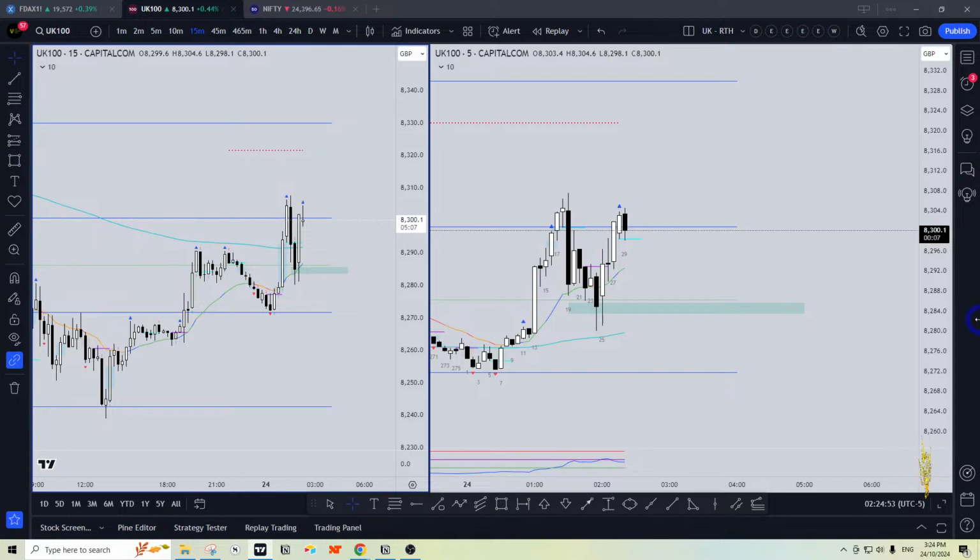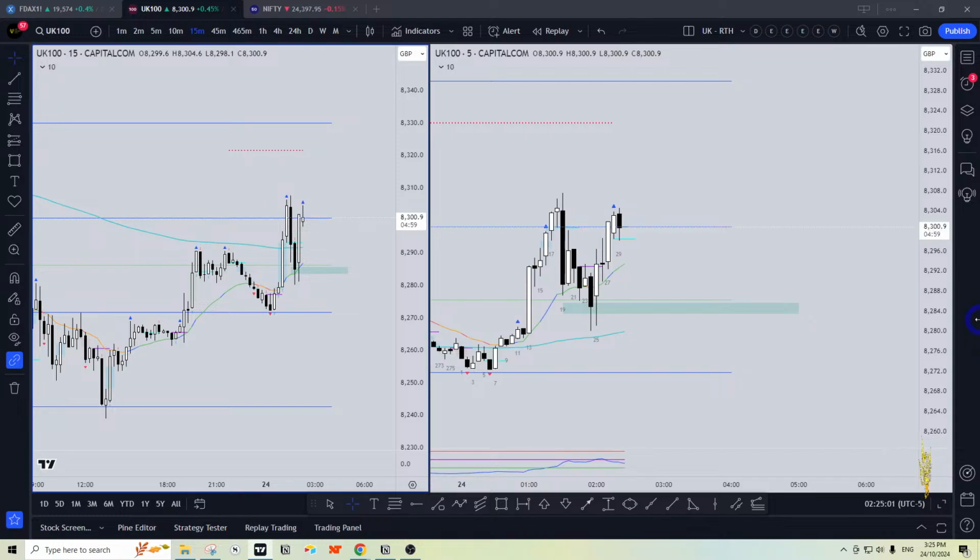Just depends what the signal bar is like. It's not a great sell signal, is it? Can't wait. I'll wait and see.